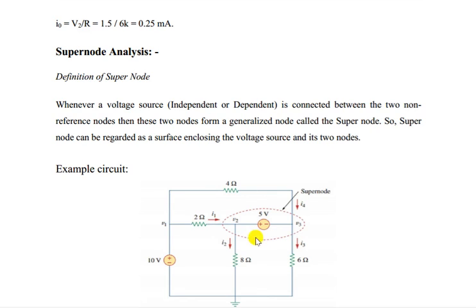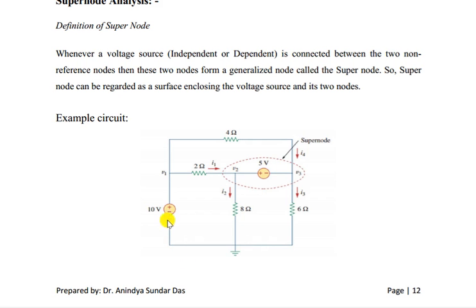Then what we have to do is consider this whole part, these two nodes with this voltage source, as a supernode. That means we remove this voltage source and assume these two nodes as a single node, which is called a supernode. Whenever a voltage source, independent or dependent, is connected between a non-reference node and the reference node, the other node value is known.